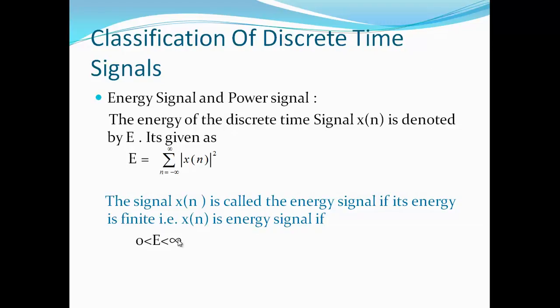So the energy of the signal is equal to the summation of the magnitude of the squared value of x(n). The summation is carried out over all the sample values of x(n).